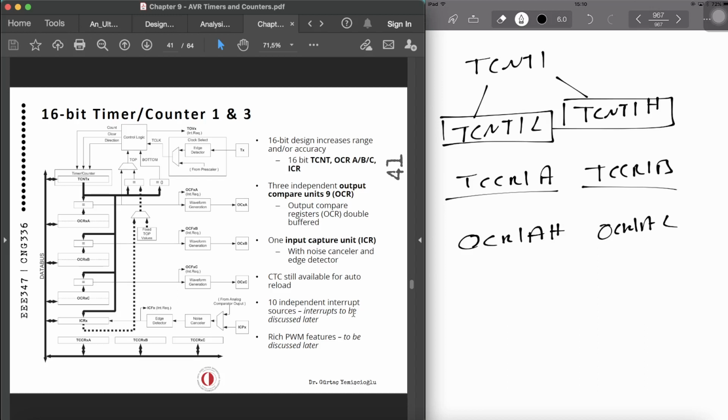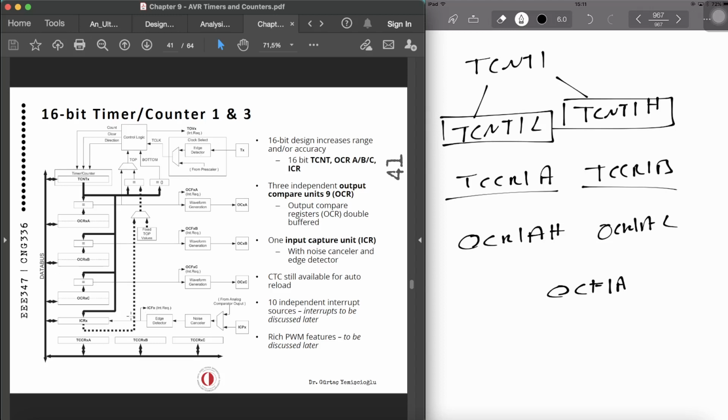And based on that, we also have the flag OCF1A, which can be used with the CTC mode. And timer 1, the 16-bit timer, also has these prescaler options: 1 to 1, 1 to 8, 1 to 64, 1 to 256, or 1 to 1024. So we have these prescalers as well that we can use with the timers.